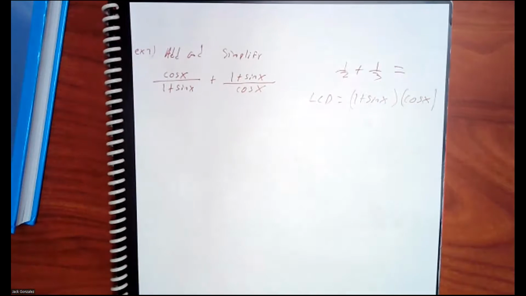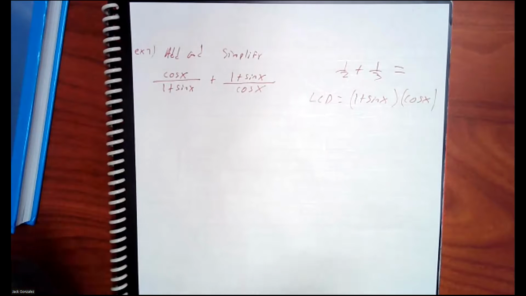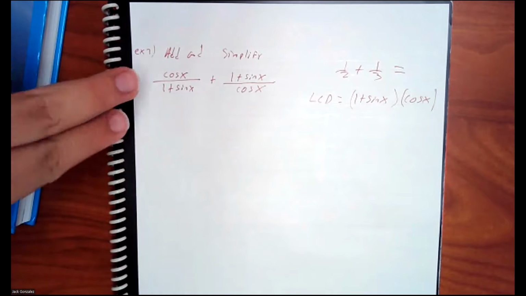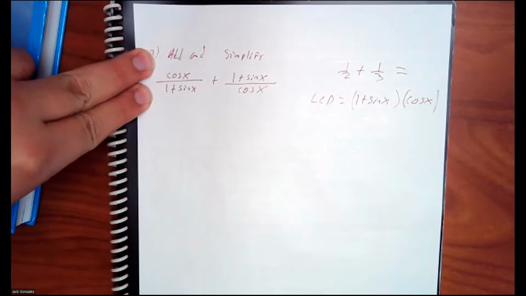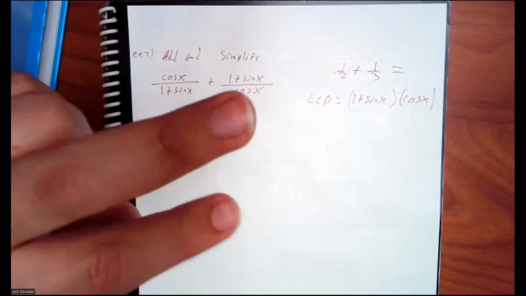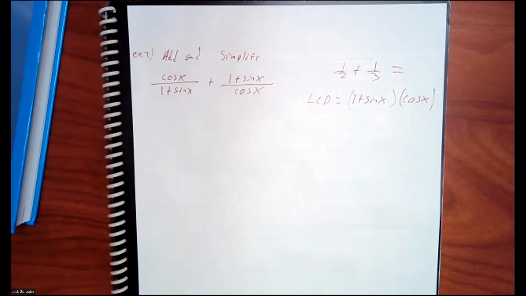Does that make sense? Just like the other one would be 2 times 3. 6 would be the LCD. This is the LCD. Does that make sense? So this needs a cosine on the bottom. This needs a 1 plus sine. So introduce that missing piece. And once you do, you can add them together.